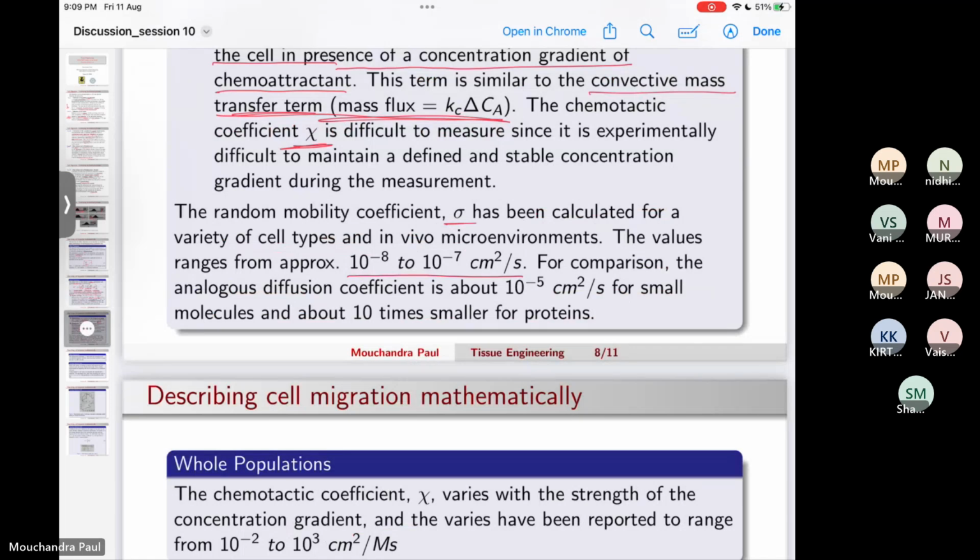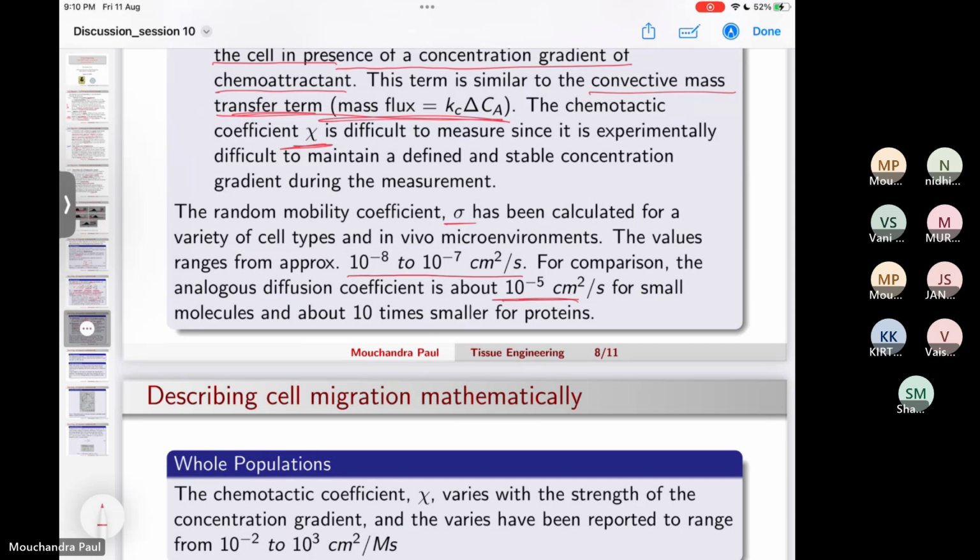if you compare it with the diffusivity of a very small molecule, like the smoke that comes out of an incense stick, all that particular smoke is composed of small particles. So if you compare it with the diffusion of the small molecules, then that value is around 10 to the power minus 5, whereas for cells it is 10 to the power minus 8 to 10 to the power minus 7.